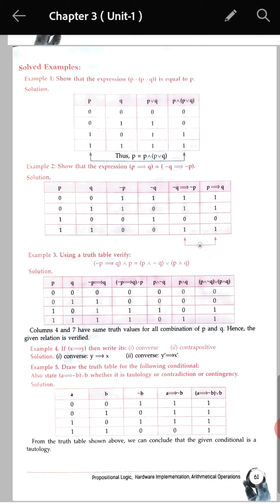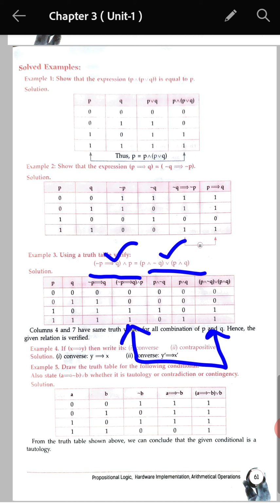In this format, sometimes a question comes. You have to prove this is equal to this. Means you have to find this also, you have to find this also. And you have to mention whether they have the same number or not. See that they had already written the value 0, 0, 1, 1.